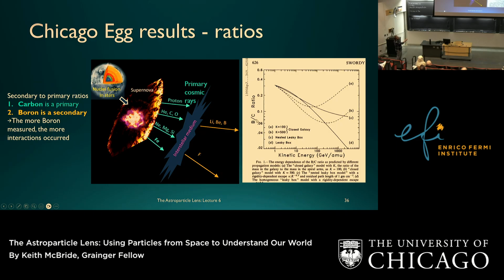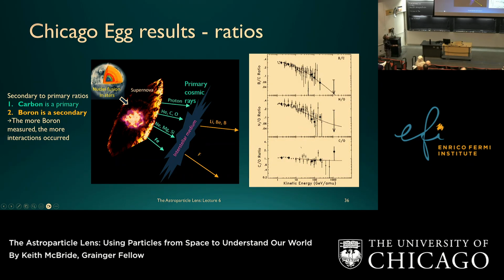So the boron to carbon ratio is an interesting thing to go measure, depending on how much material those cosmic rays have gone through, how many interactions those cosmic rays have gone through. This plot on the right shows different model predictions for the changing behavior of the boron to carbon ratio, because in some models you get a lot more boron because you get a lot more interactions, and in others you get less. And the measurements were very interesting. They show that there's this steep fall off with no increase, and it sort of has this profile to it.